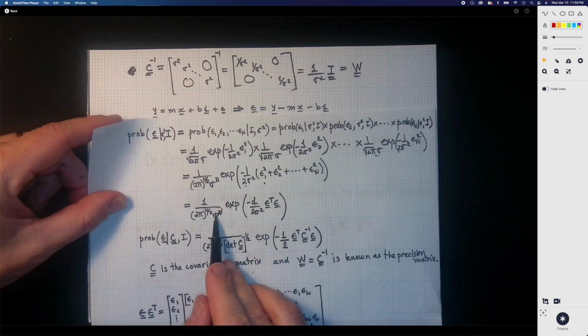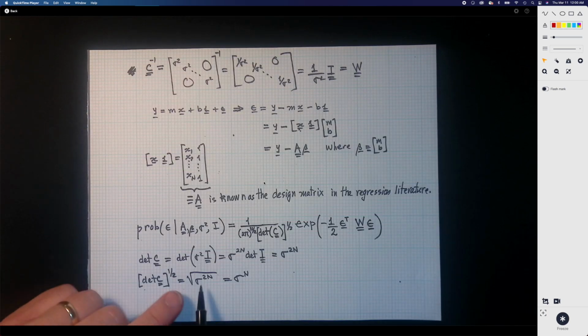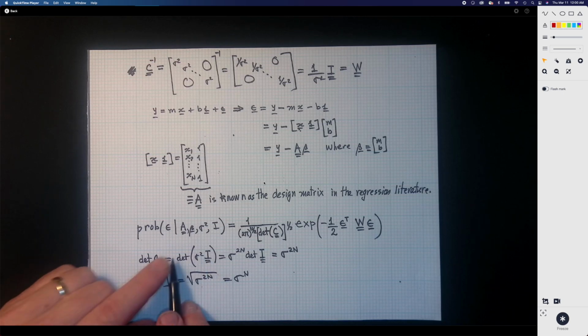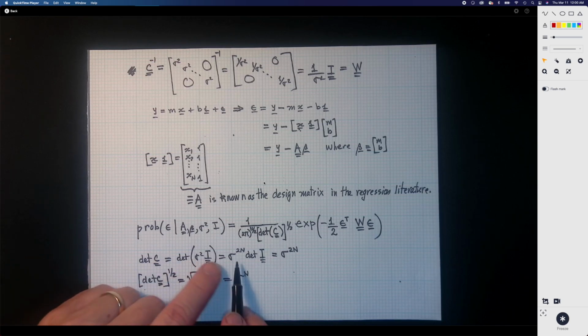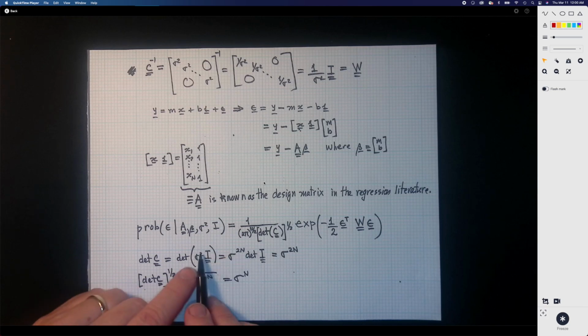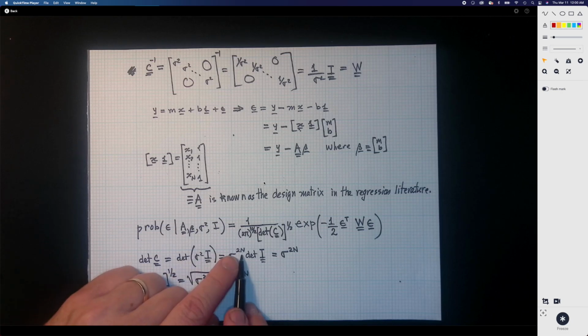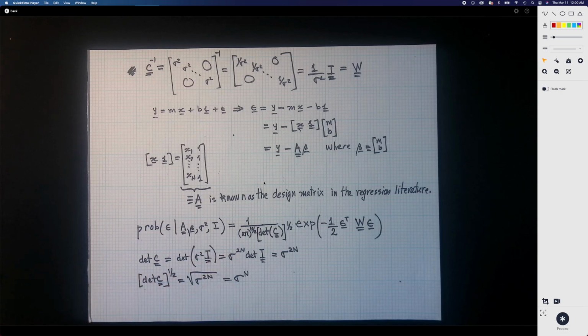The thing to remember is the determinant of a matrix multiplied by a scalar: when we pull it out, we get that scalar raised to the power n, where n is the dimension of the matrix we're taking the determinant of. So I was an n by n, so we get n factors of sigma squared we can pull out of the determinant.